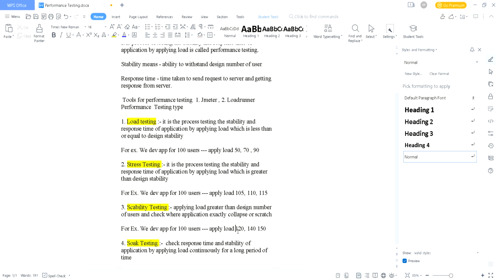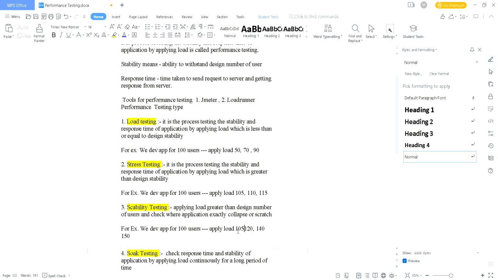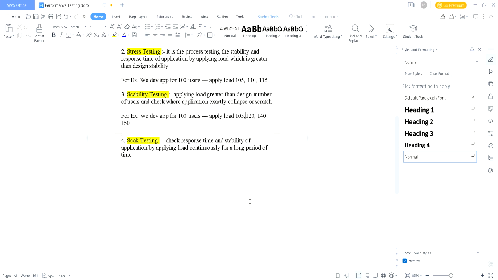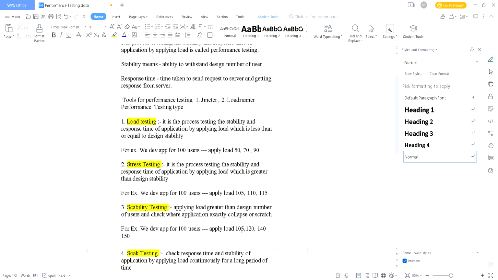At 105 the application does not collapse. At 120 it may lag for some time, but when we apply 150 or 200, the application cannot handle that much load. So in scalability testing we check at which point our application collapses.